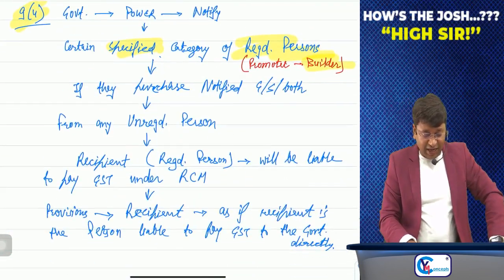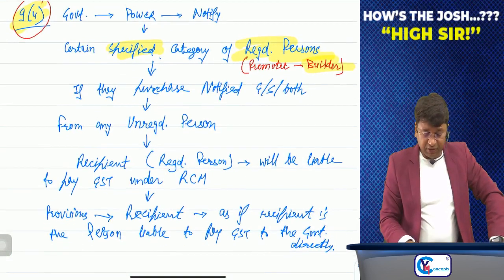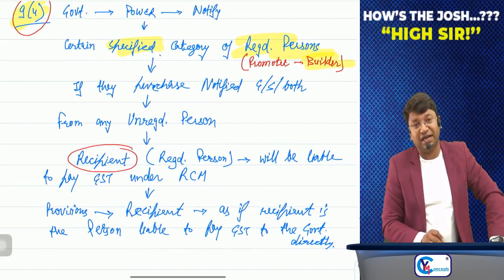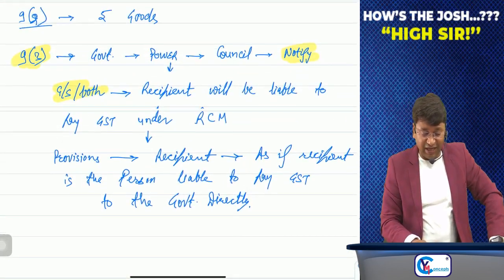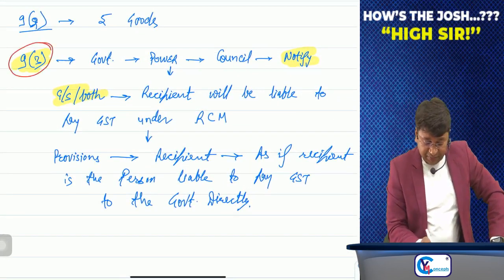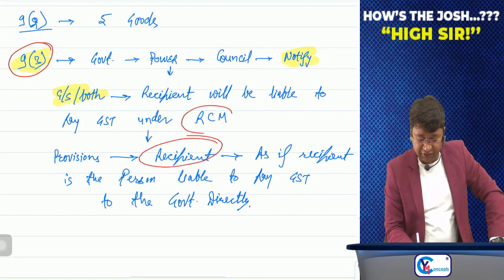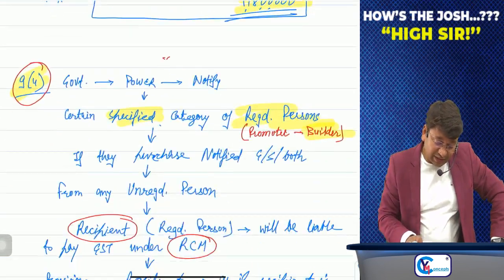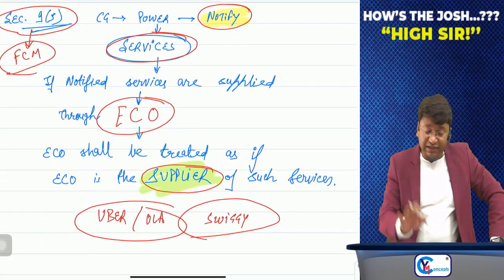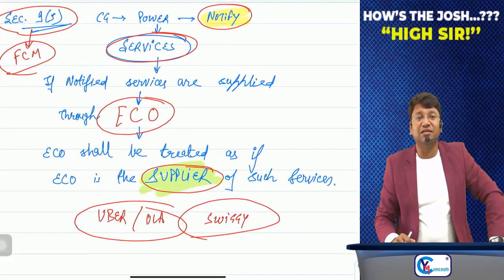See, in section 9 subsection 4, the recipient was liable to pay tax under reverse charge mechanism. In section 9 subsection 3, the recipient was liable to pay tax under reverse charge mechanism. But in section 9 subsection 5, the recipient is not liable.